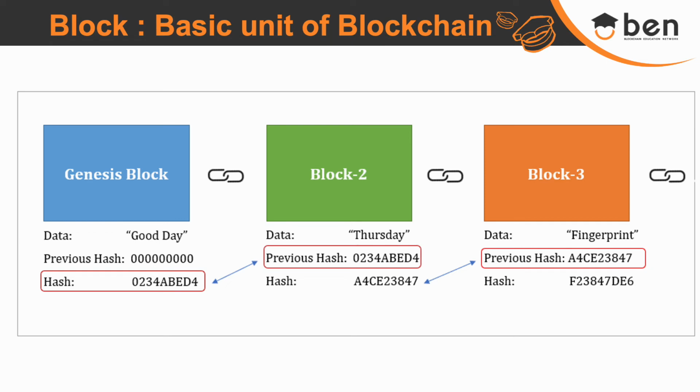Since more than 50% of the nodes will have a block with a hash value different than the node which had the tampered value, this block will be removed and the blocks from the other nodes would be copied here. This is how an attack is prevented in blockchain.